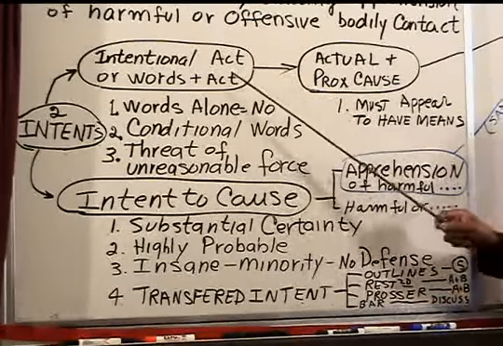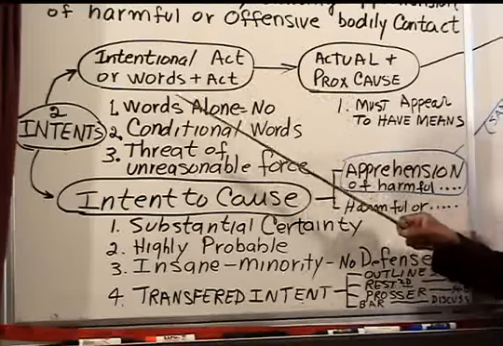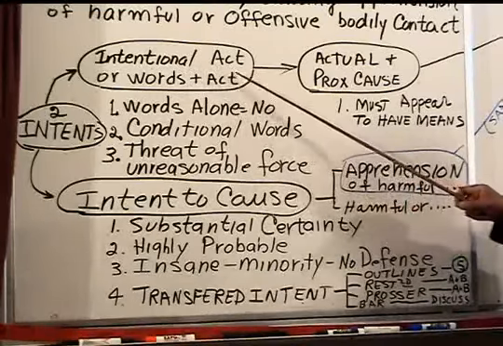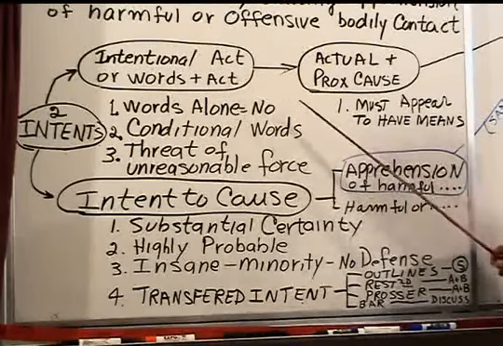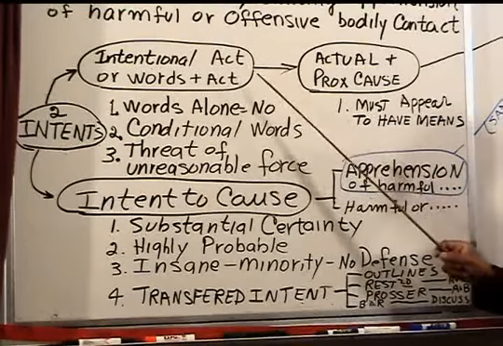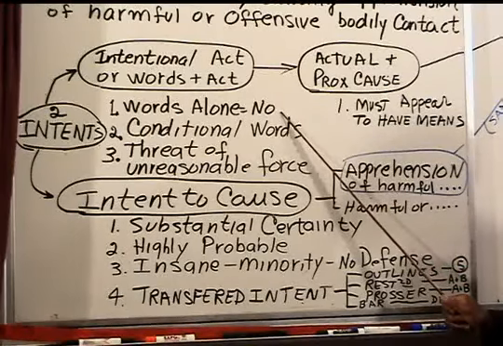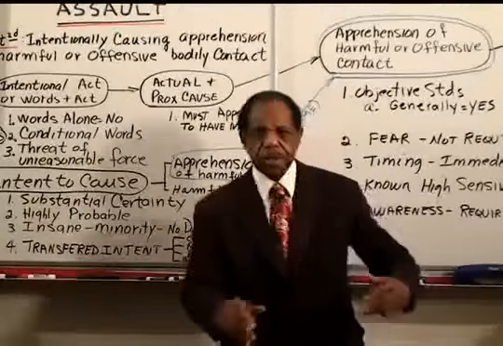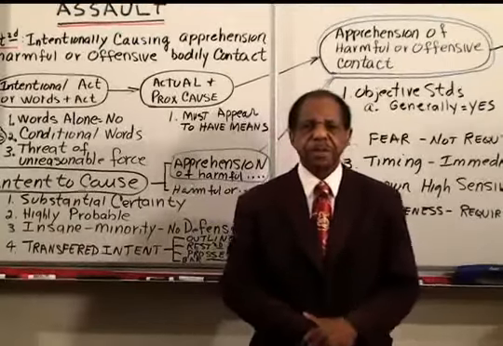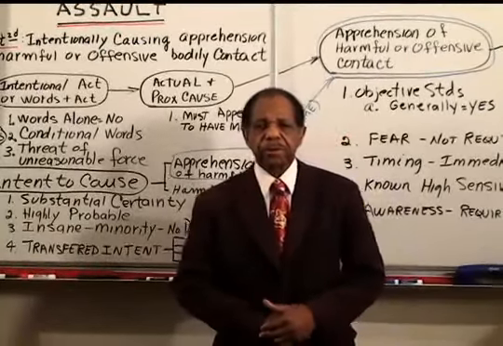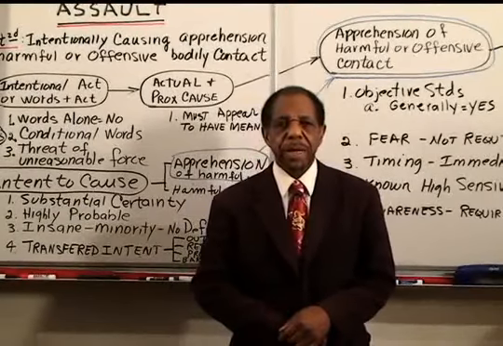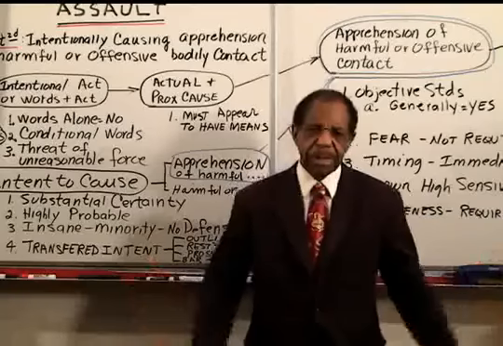Now, the issues that arise on each of these parts are as follows. First, the intent to act. We understand what that is. No eye blinking here. The general rule is that words alone will not do. You need an act. So a person who sits in the car seat with their arms folded looking straight ahead and says, "I am going to kill you with my machine gun right now," clearly that is not an assault.